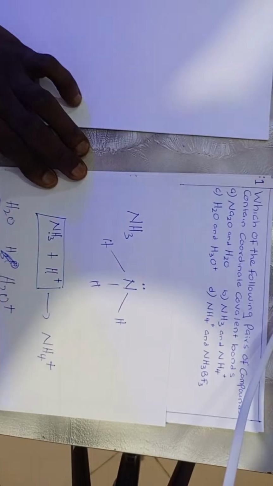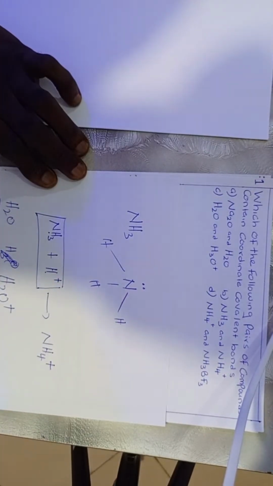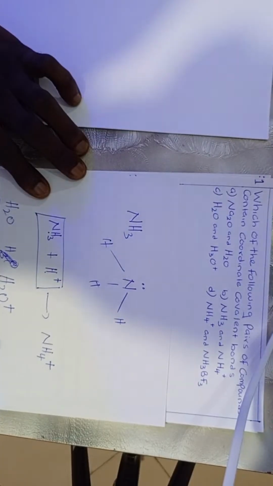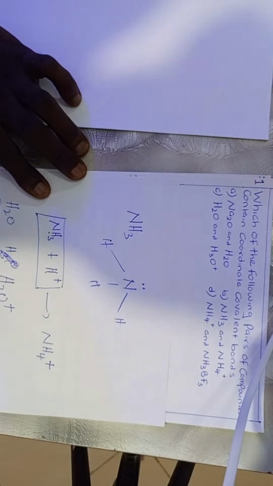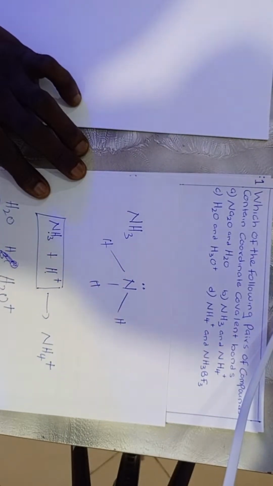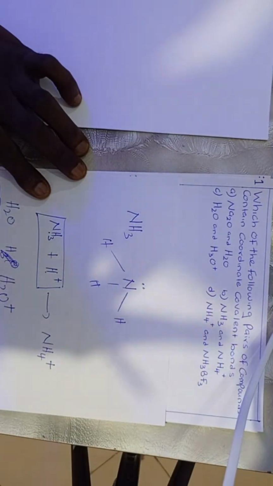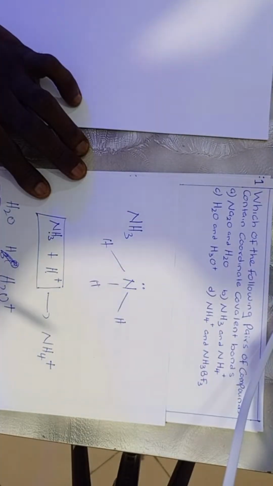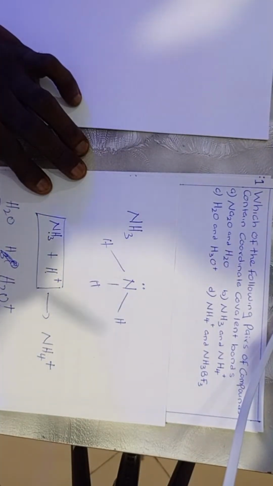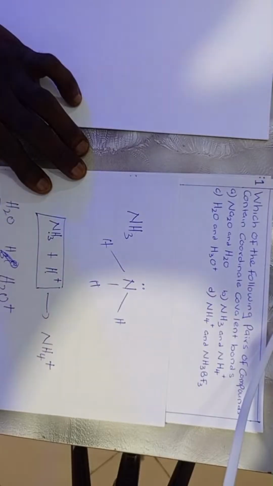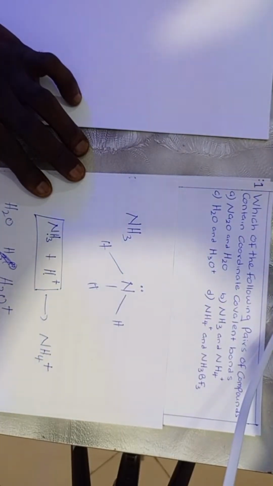What about the hydronium ion? That's H3O plus. Hydronium ion is formed by combining water alongside hydrogen ion, H plus. But we are not going to select that answer because we are looking for a pair of species that both exhibit coordinate covalent bonds. So the correct option here is option D.